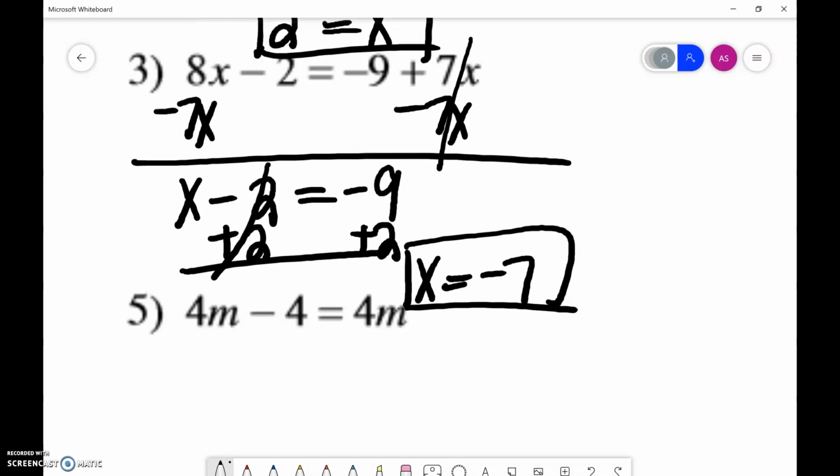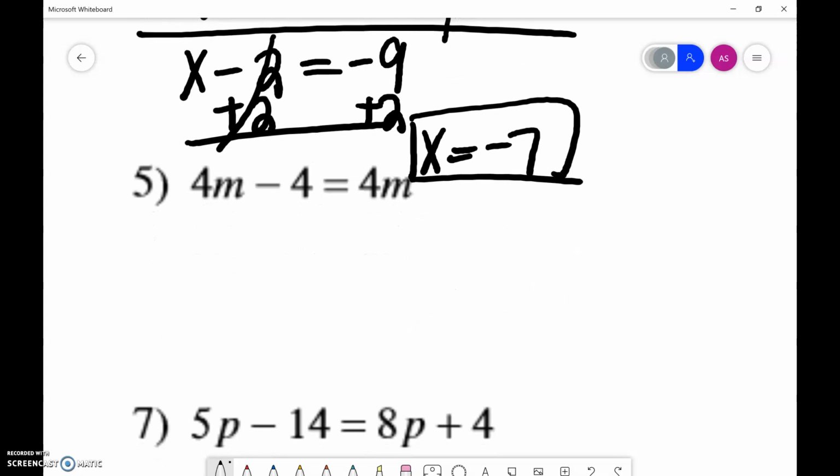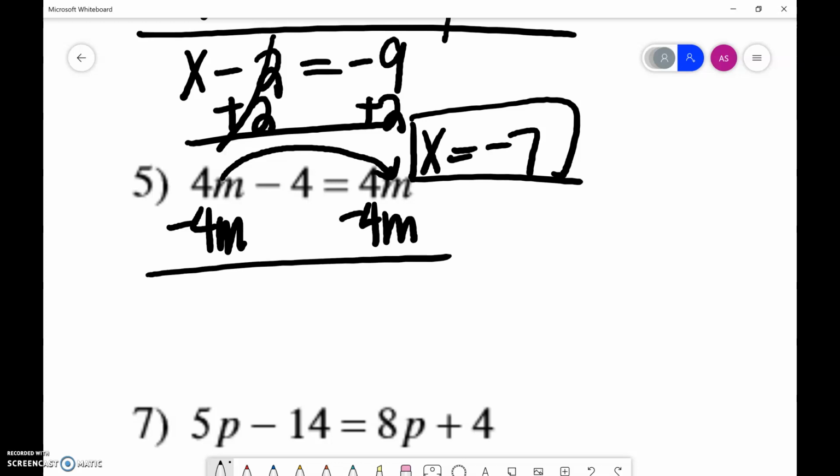All right? Moving on. So notice on this problem, I have 4n on both sides. Okay, so I'm going to move this 4n over here, okay, so I can have it on the right. Notice when I do this problem, both of them cancel out, okay?